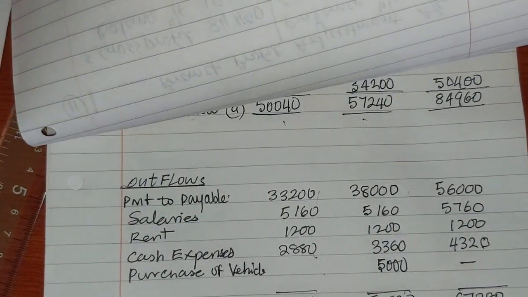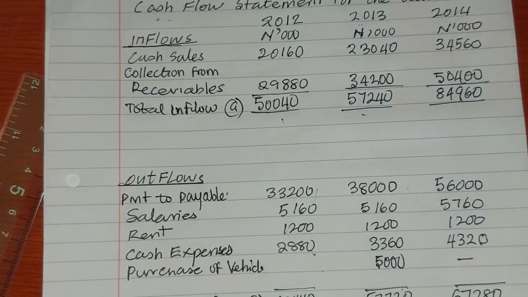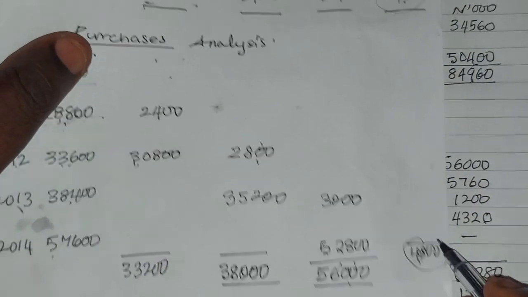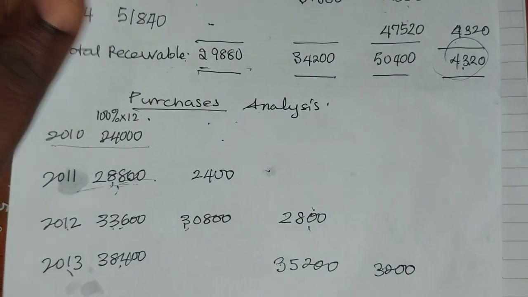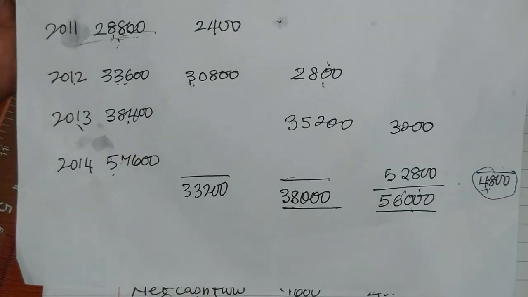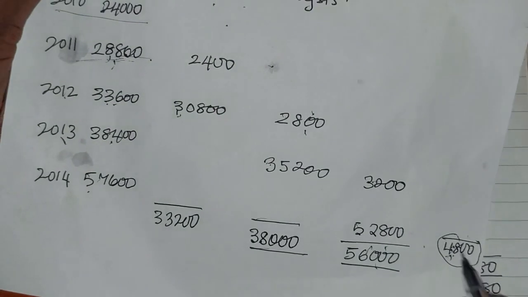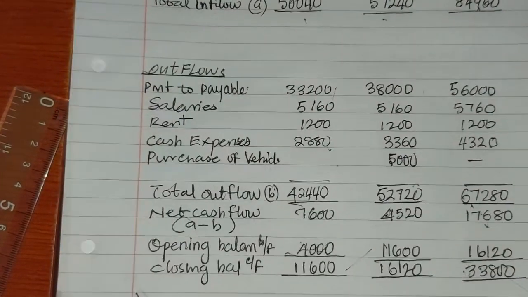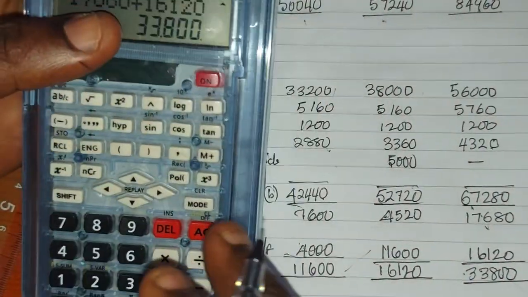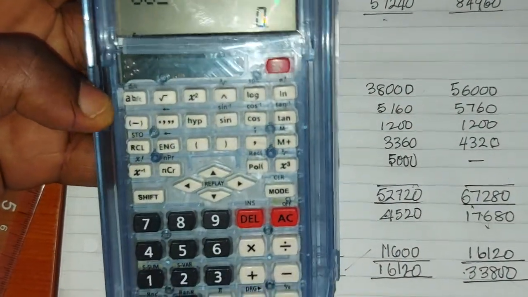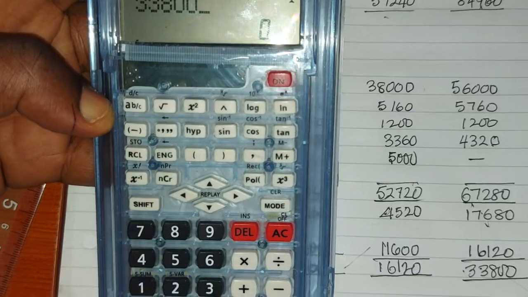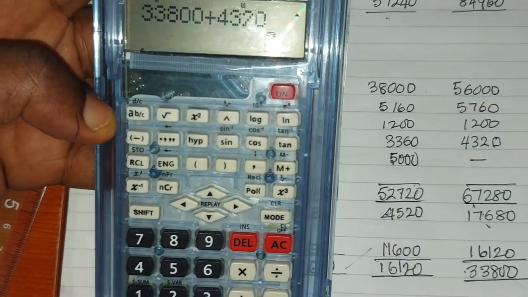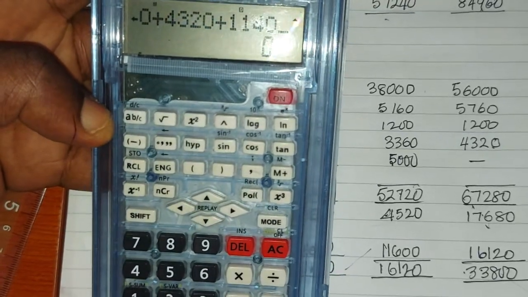Which is 1440 all over creditors. And what is our creditor? This is our creditor in our purchases payable. So our creditor is 4800. So when you manipulate this, what do you have? 33800 plus 4320 plus 1140.